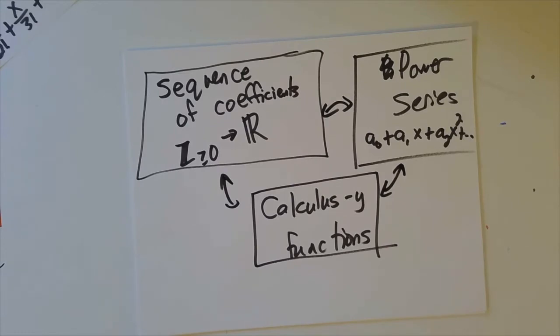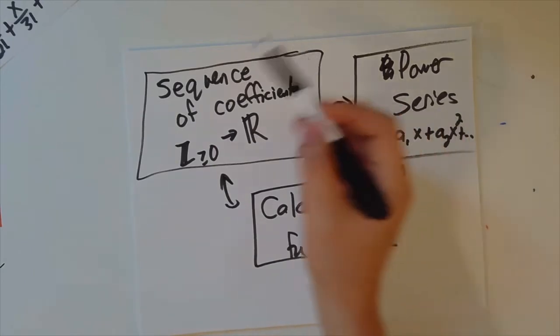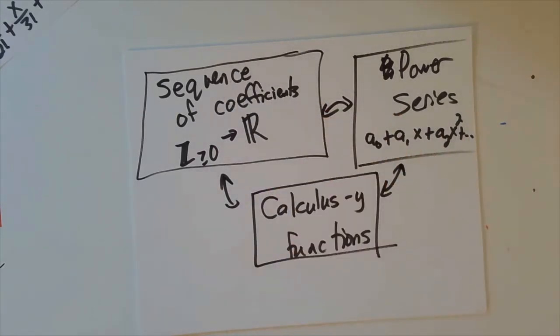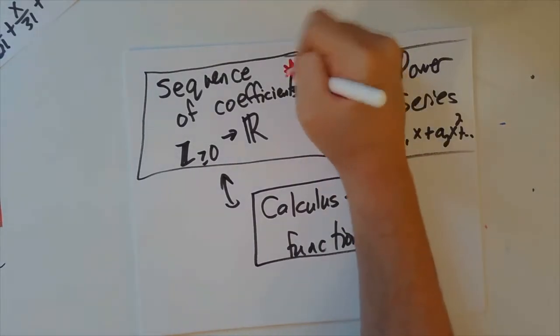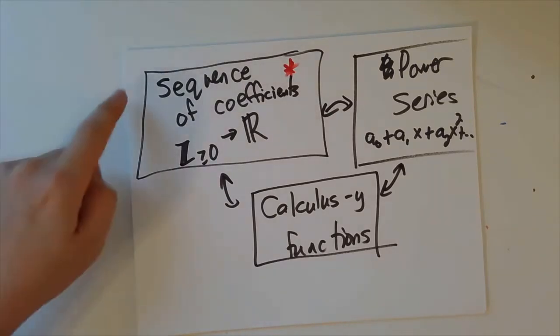And it doesn't take a ton of thinking to realize that this box up here, this sequence of things, one for each positive integer, is what combinatorics is basically about.